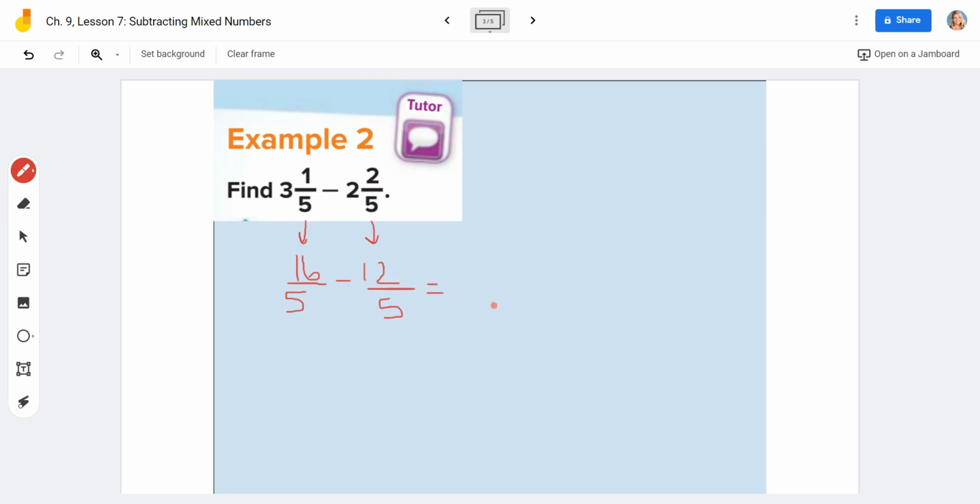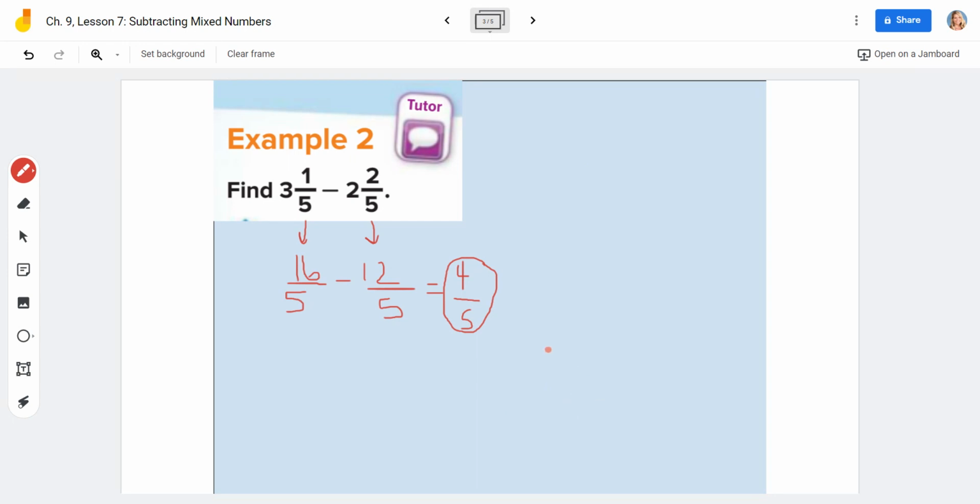So 16/5 minus 12/5 is 4/5. So I basically used equivalent fractions, my improper fractions, for my mixed numbers so that I could subtract them. So I subtracted 12/5 from 16/5, which gave me 4/5. And 4/5 is in simplest form. It's not an improper fraction, so it's just my answer.